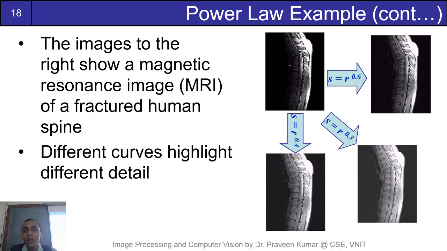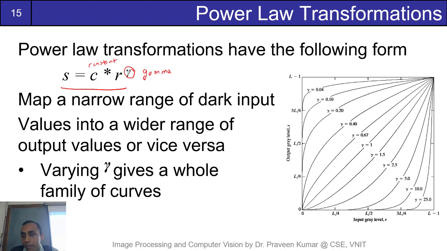So as you can see here, for gamma value greater than 1, these are the family of curves.